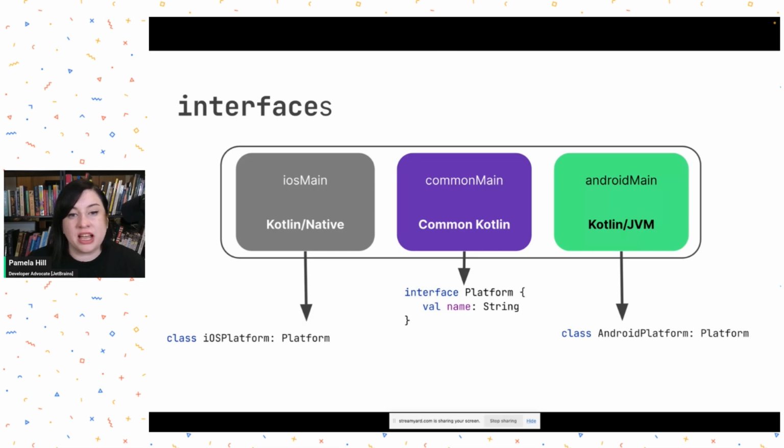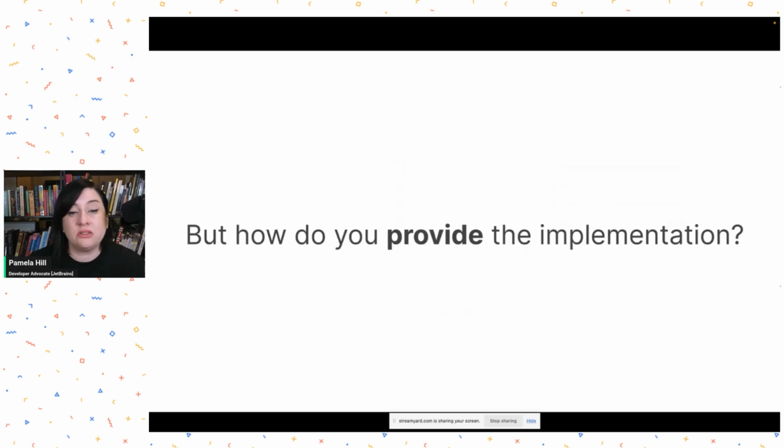Then on the Android side, we're going to have a class that implements this called AndroidPlatform, and on the iOS side, we're going to have an IOSPlatform class that implements Platform, each in a platform specific way.